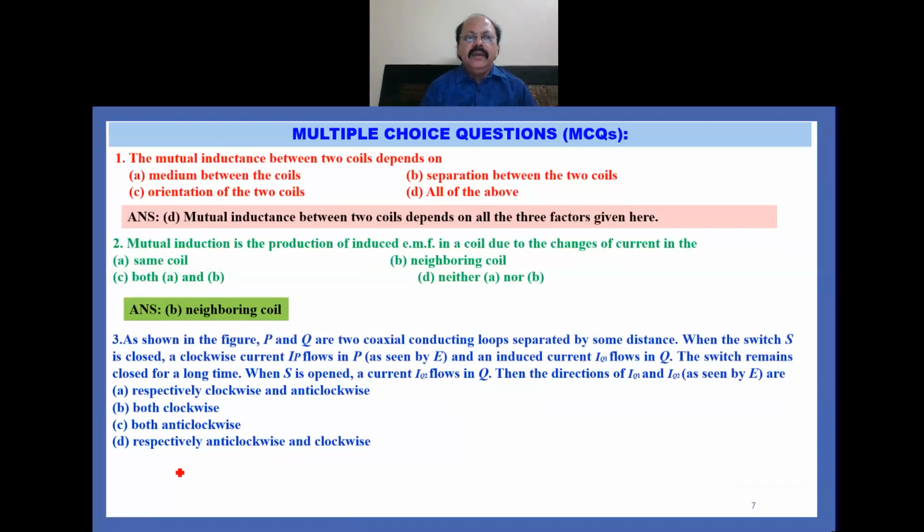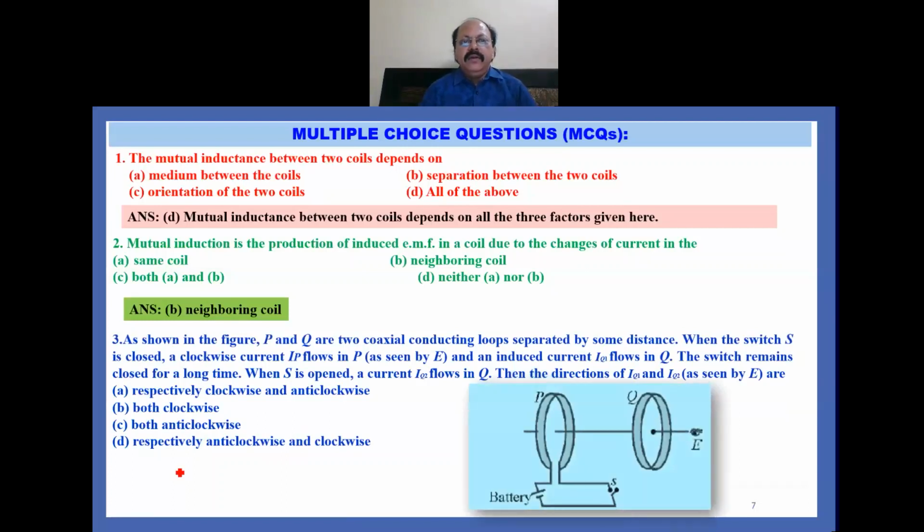Now the third question, as shown in the figure, P and Q are the two coaxial conducting loops separated by some distance.